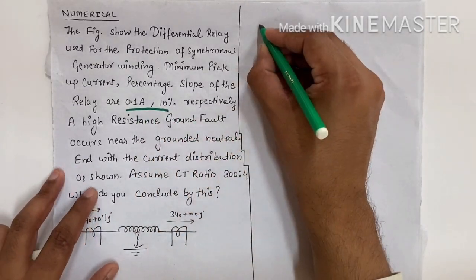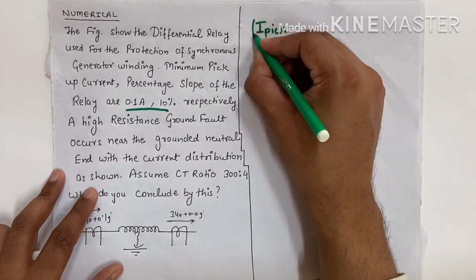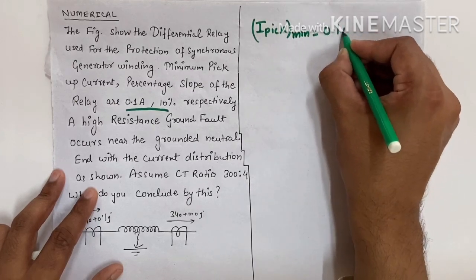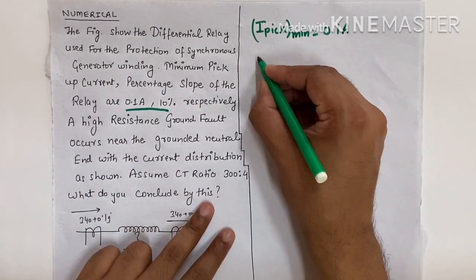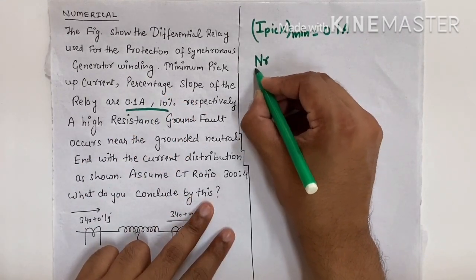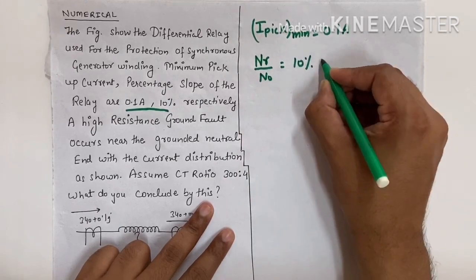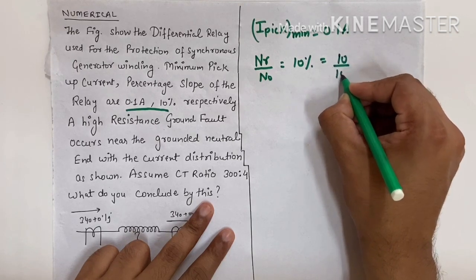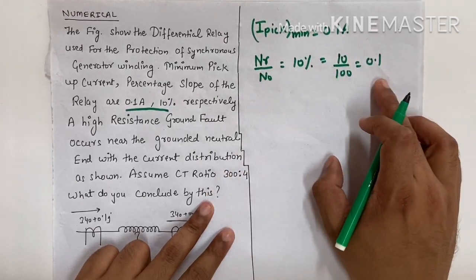Actually in this question I peak, that is minimum, is given equal to 0.1 ampere, and percentage slope of relay, NR by N naught, equals 10%. If we convert into general values, it becomes 10 upon 100, that is 0.1. So slope NR by N naught equals 0.1.